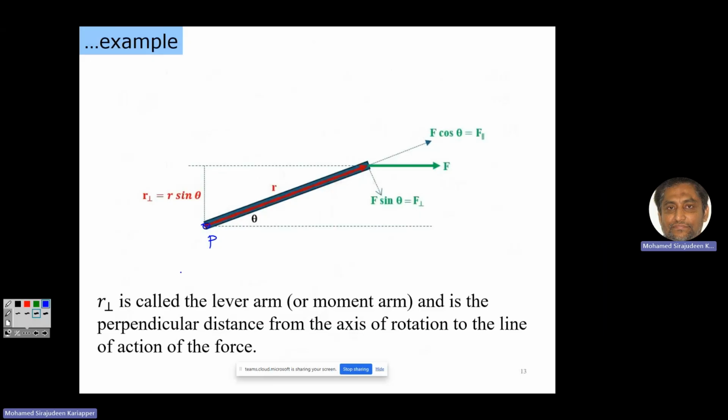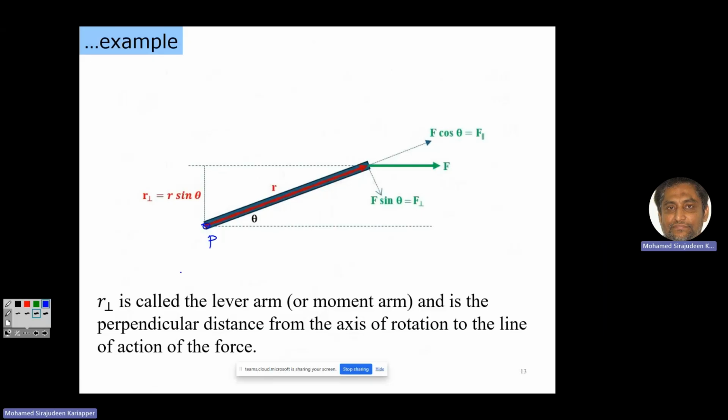If someone asks, what is the torque? The question is not complete. You have to tell me about which point. Because the torque about this point P and about another point Q will give two different answers. The torque about P for the same force will be different from the torque about Q by the same force. So one has to mention which point.